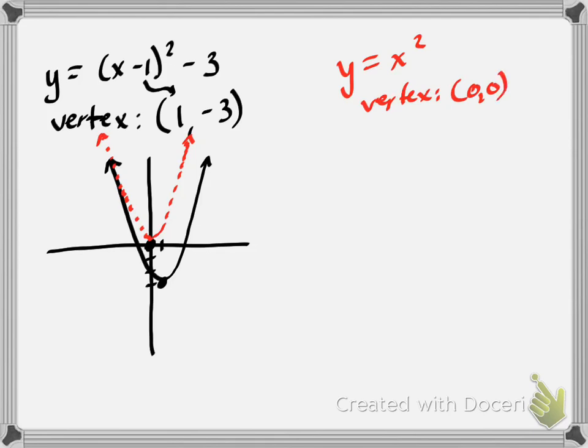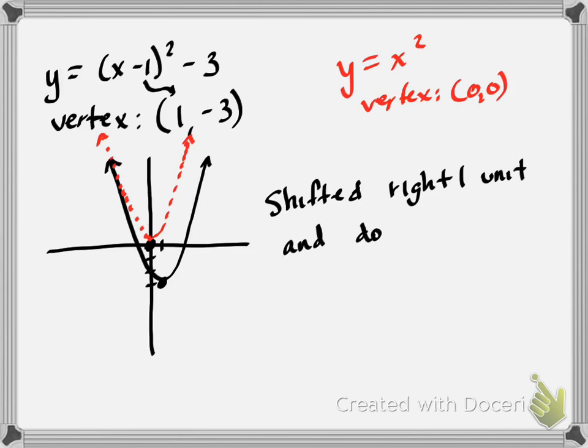And so when we talk about the shifting, we say what is happening from the red parabola to the black parabola. That black parabola got shifted right 1 unit and down 3 units. Okay?